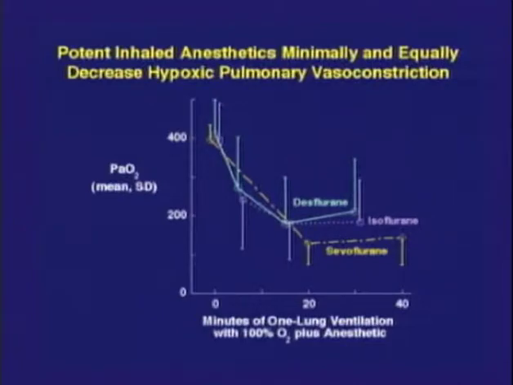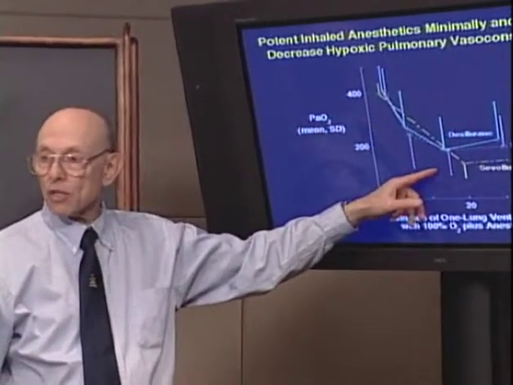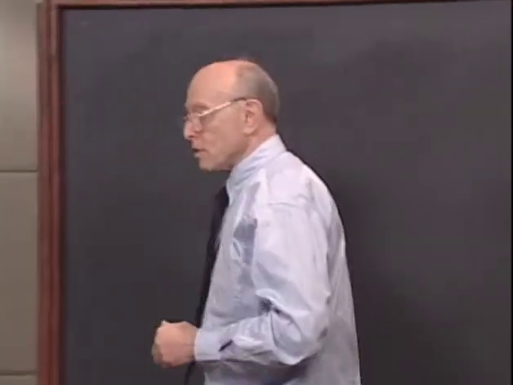It reflects a very small change in oxygen delivery and oxygen content. That is, this difference changes the amount of oxygen that's dissolved, but that change is very small. So that indeed suggests that the effects of the potent inhaled anesthetics on hypoxic pulmonary vasoconstriction would be very small.